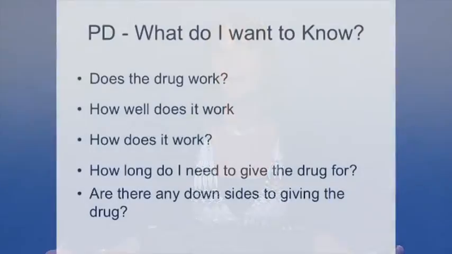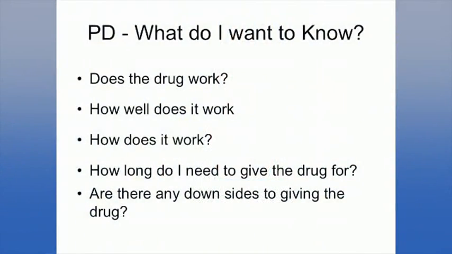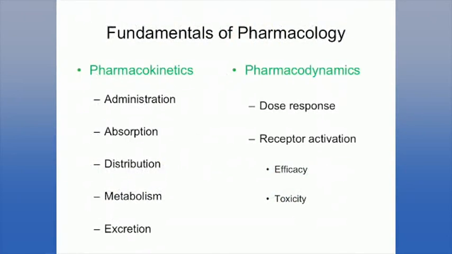Then we want to know, how long do we need to expose the patient to the drug? We always want to use the least amount of medication possible. So is there a definite time period for which the response is needed? And is there a time period that could possibly be shortened? And then, of course, always, where does toxicity fit into the overall picture of efficacy?